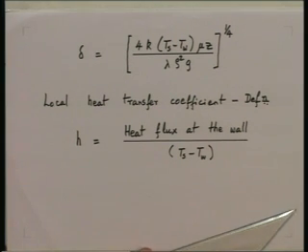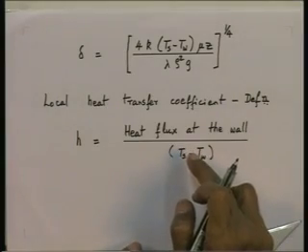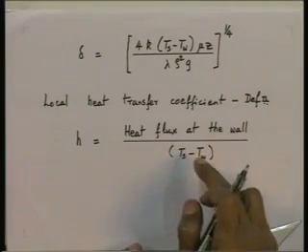Now, in this case, the heat flux at the wall, we know, can be readily put down in terms of the temperature difference, because it is a linear temperature profile.